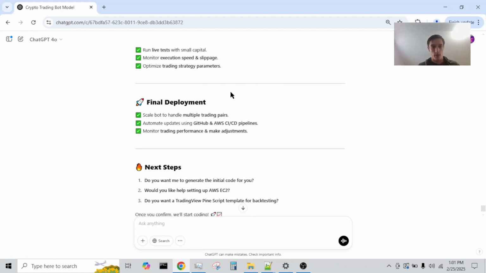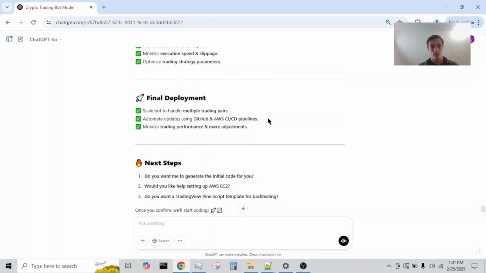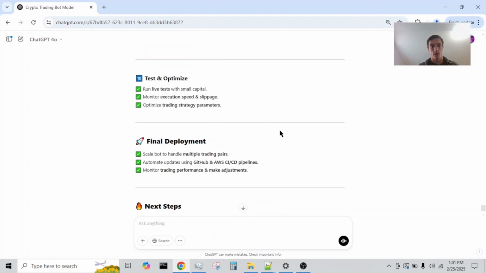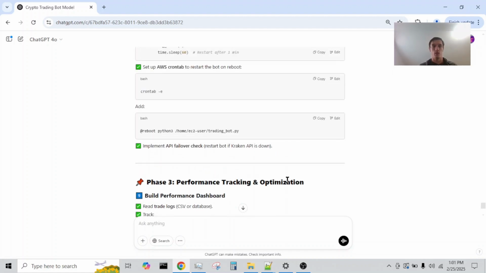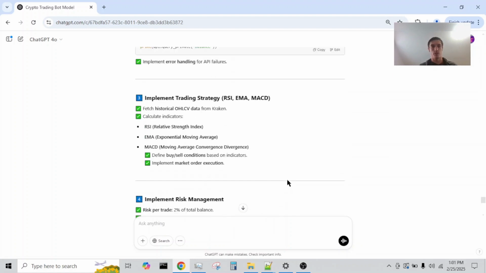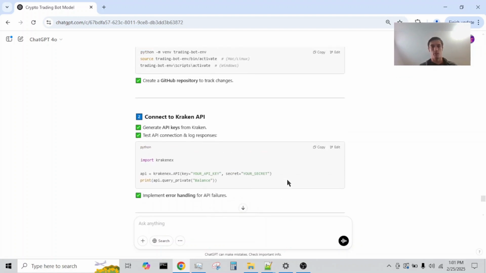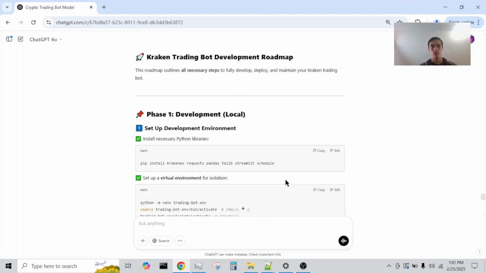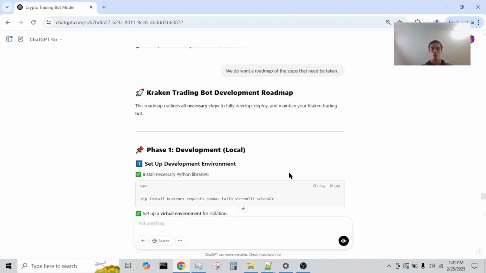We'll test and optimize in our final deployment. All right, so we have all of our requirements, I'd say, loosely defined. A lot of these things will change over time, but we have a good roadmap on what we're going to be doing in this series and what we're going to be building out in the end.